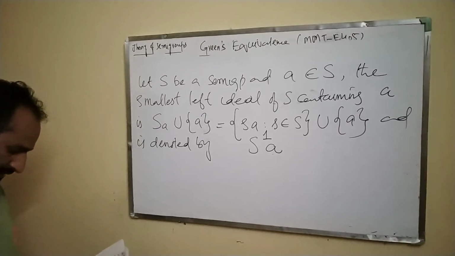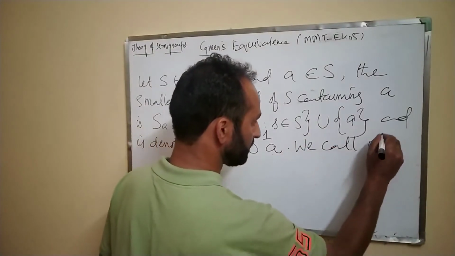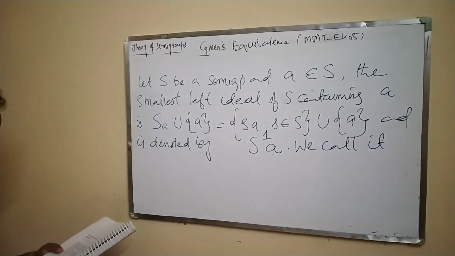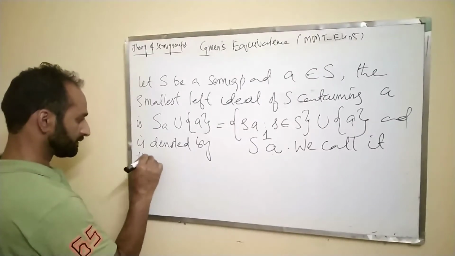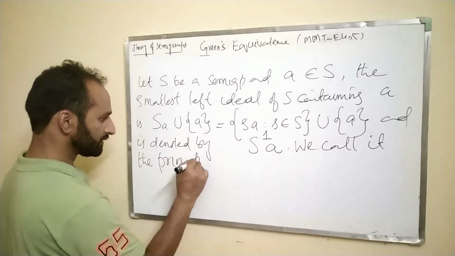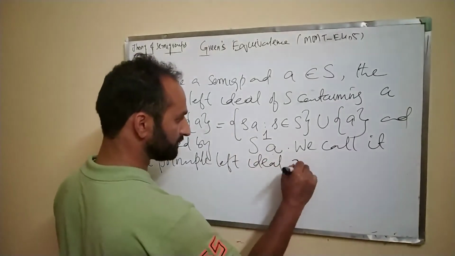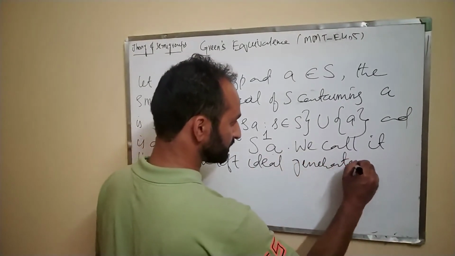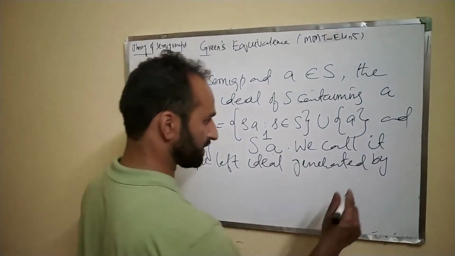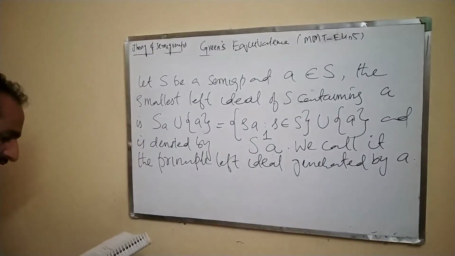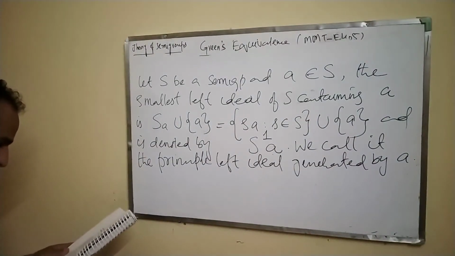So we denote it by this, and we call it the principal left ideal generated by the element A. Equivalently we can define the principal right ideal.